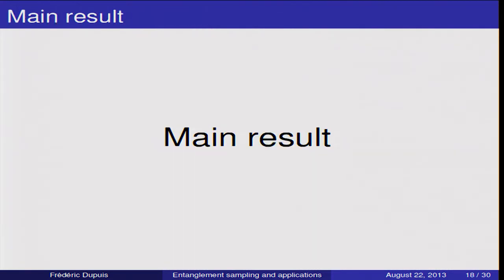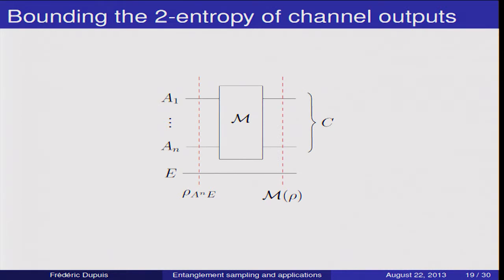So here's the main result of our paper. And that's going to be a little bit technical, but hopefully it's just going to be the one slide. Our result is about getting lower bounds on the min entropy of channel outputs in terms of the two entropy of the channel inputs.